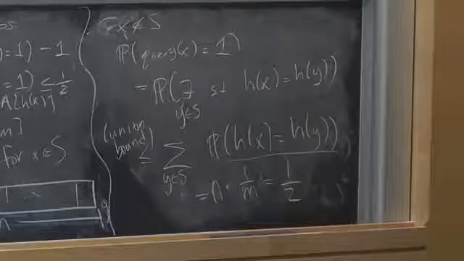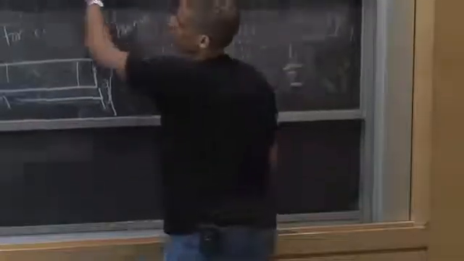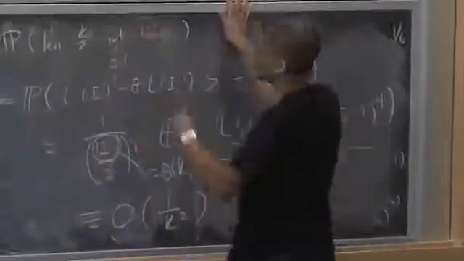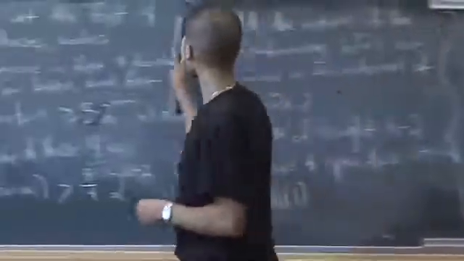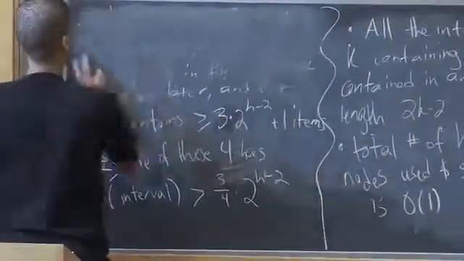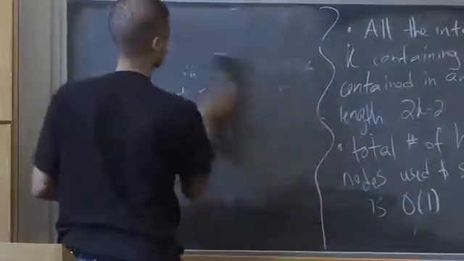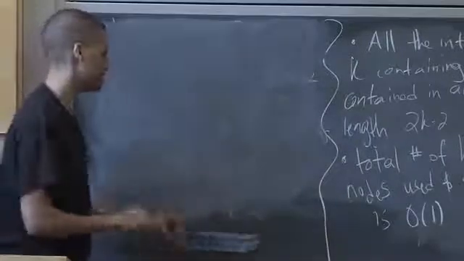Now going back to the point that you raised, having a false positive probability of a half is not really that great. Whoever is using this data structure will come to me and say, Jelani, I'm willing to have a 0.01% chance of false positives, but not a 50% chance.